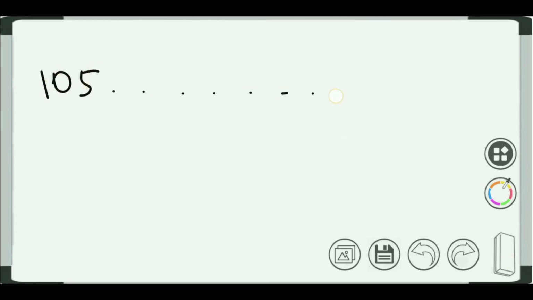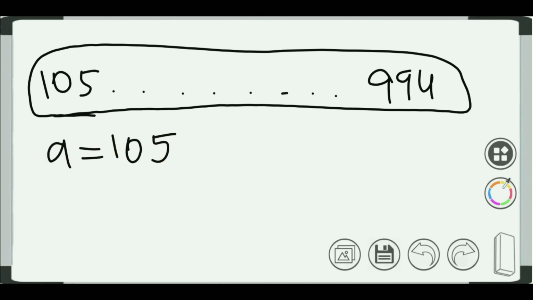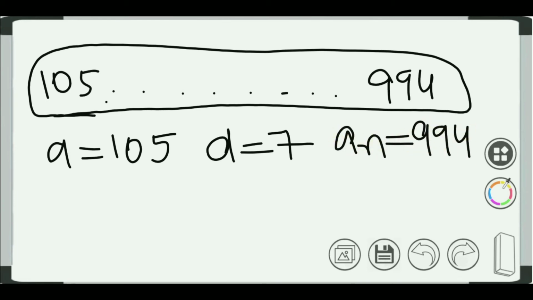105 till 994. You need to find the number of terms between 105 and 994 which are divisible by 7. So you can take A is equal to 105. Common difference will be what? Since this is the table of 7, common difference will be 7. Okay. What is the last number? Last number is 994 which I am taking as An.